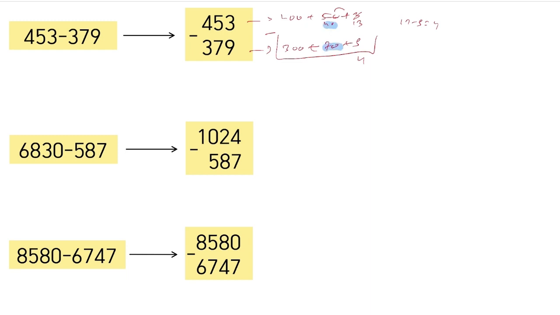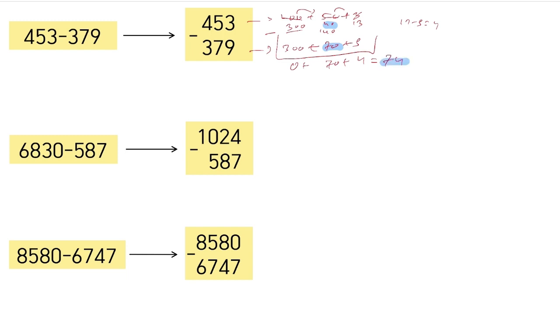We cannot take 70 from the 40, so the hundreds place should give hundreds to the 40. It will be 140. So if you take 70 from 140, it will be 70. Here the 300 is left because I took 100 from this 400. So 300 minus 300 will be 0. So the result of this operation is 74.